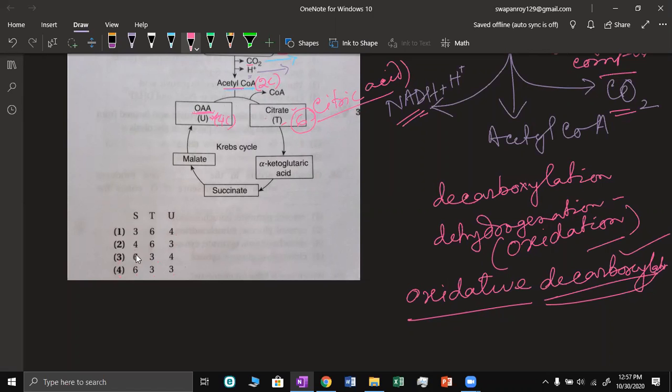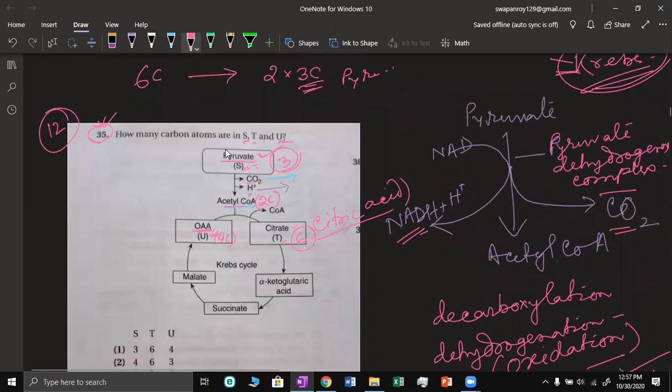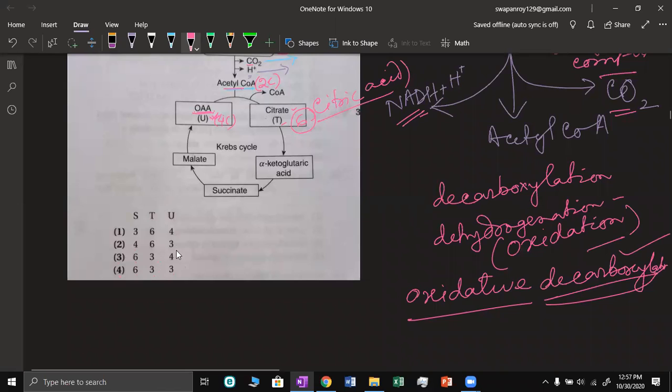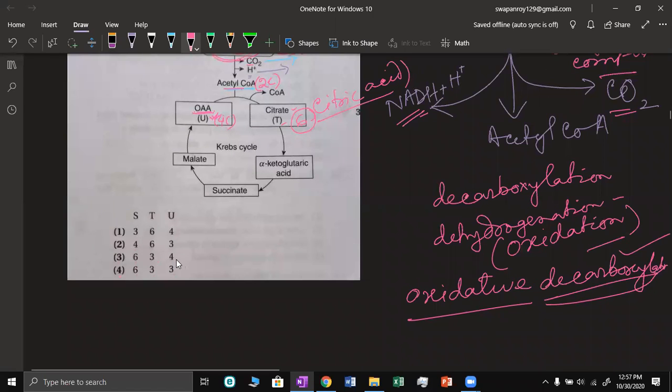STU. If you are confirmed, the options here are very easy. If you know only that it is a 3-carbon compound, then you can answer it.